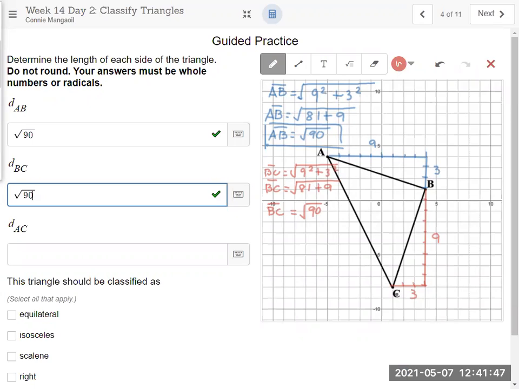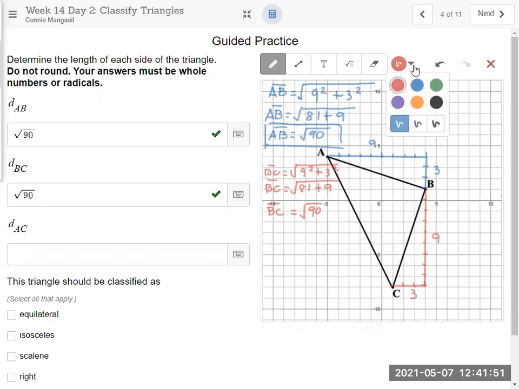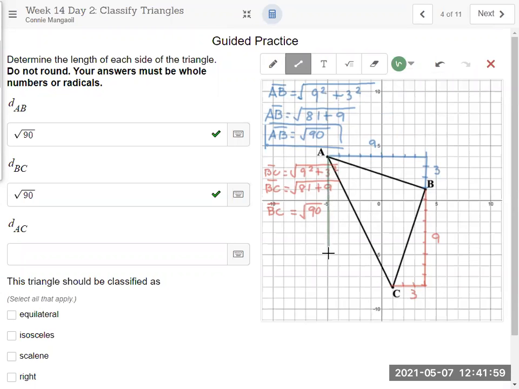Okay, now lastly, side AC. We have this right triangle here. Let's count. So that's 1, 2, 3, 4, 5, 6, 7, 8, 9, 10, 11, 12.